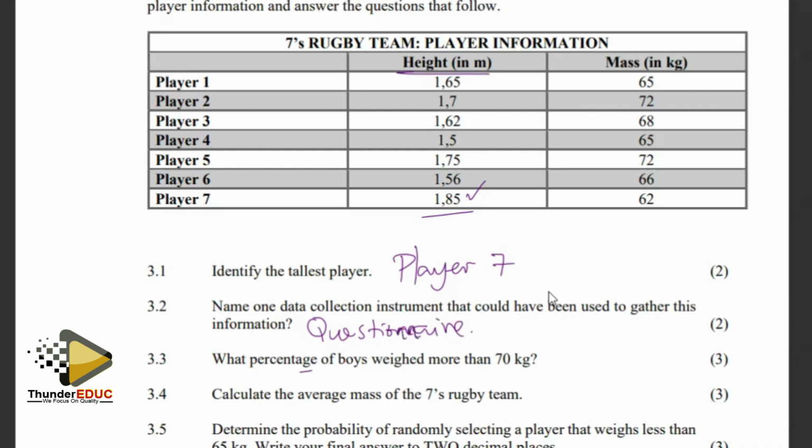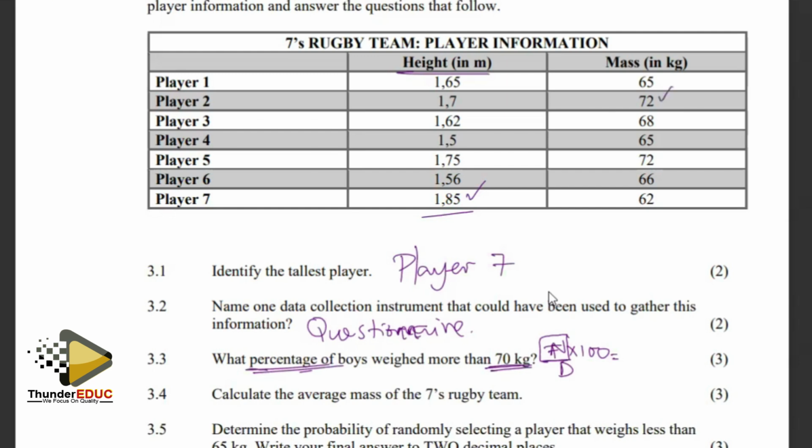What percentage of boys weighed more than 70 kg? We are saying more than, and we are looking at the percentage. For percentage, we need to have a fraction, and afterwards we multiply by 100. So we need a numerator and a denominator. Here we put the number of people we are looking for, those who are above 70. We come here and count.